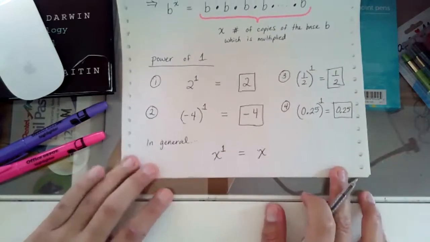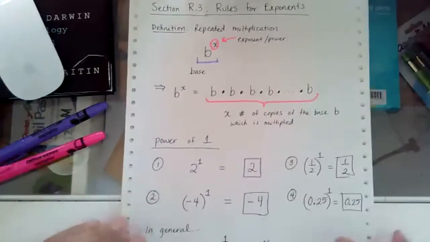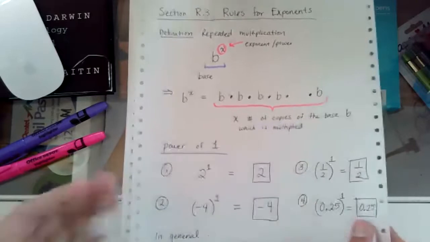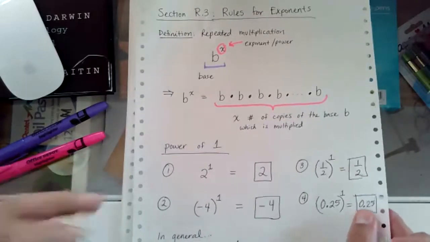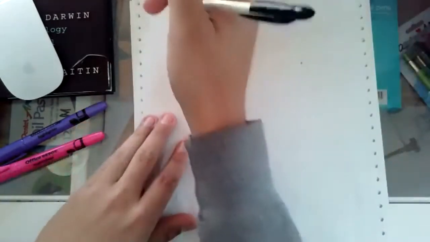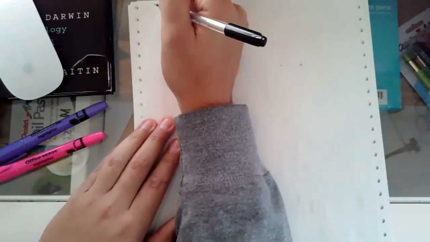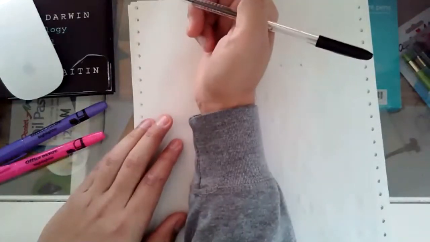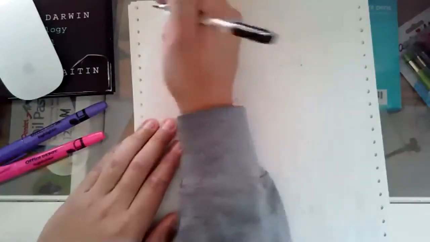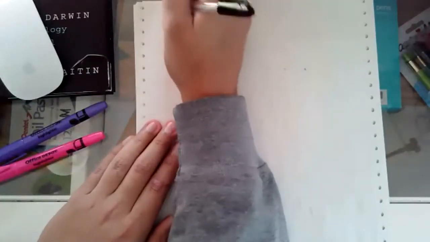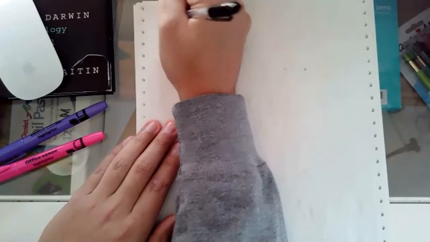Okay, well, since exponents are sort of like shorthand for repeated multiplication, sometimes we might need to multiply two things together that have different exponents. So for instance, we have what we call the product rule.